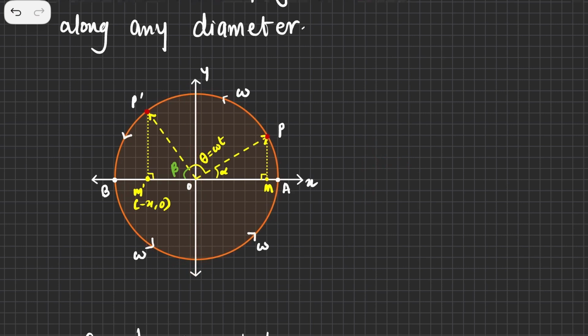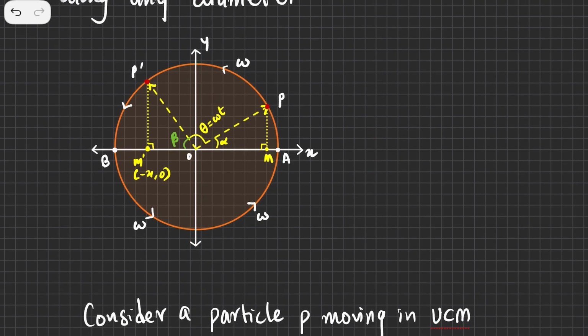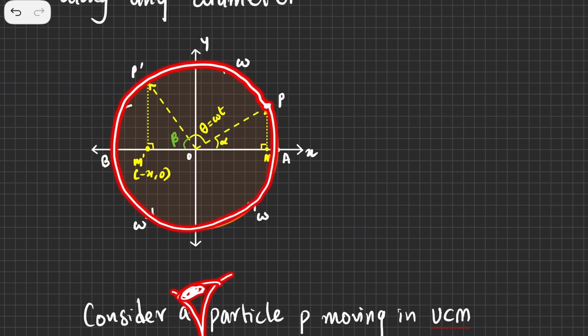And suppose I see the particle from here, this is my eye. So at this point the particle is here at point P, and it is moving along the circumference of a circle, but at this point the particle appears to be at this point.